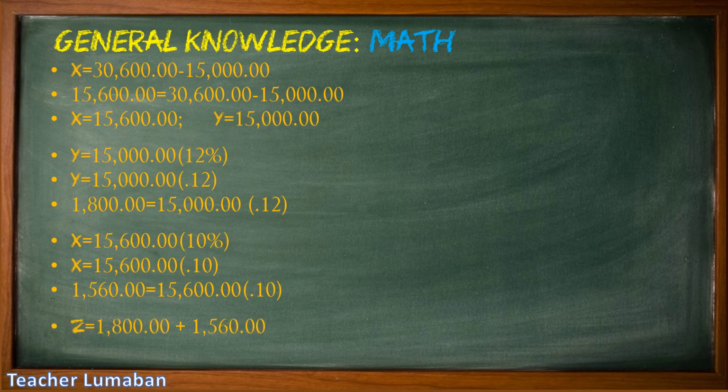Z equals 1,800 plus 1,560. Z equals 3,360. The answer is 3,360.